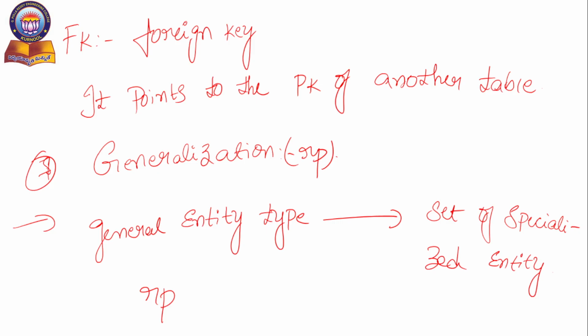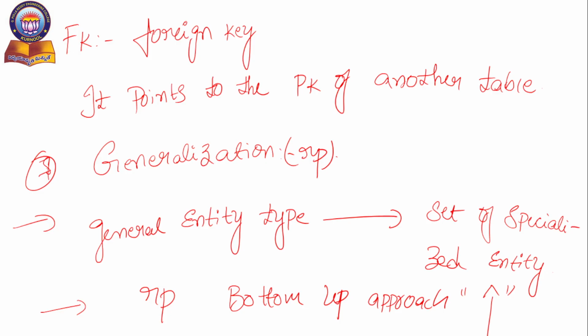What is meant by the generalization is the process of extracting the common properties from a set of entities and creating a generalized entity from them. The generalization relationship follows the bottom-up approach, and the symbol will be represented like this.